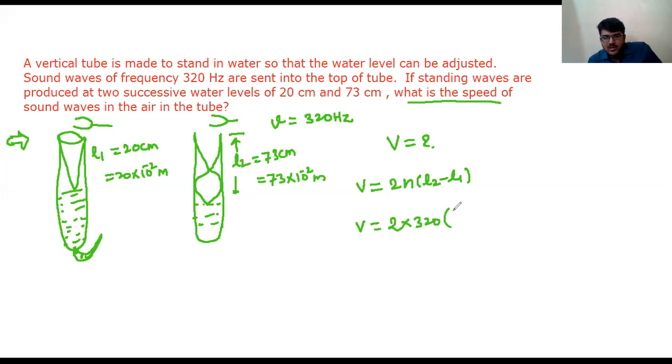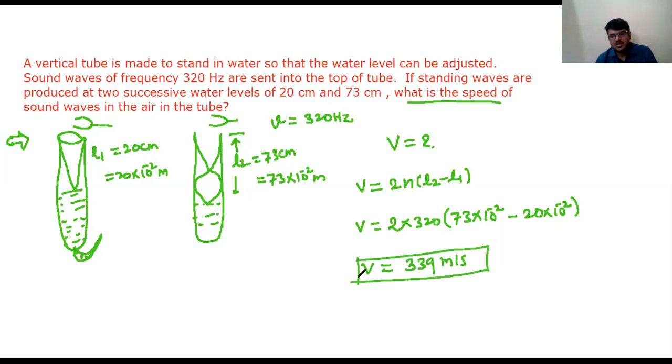So this is 73 into 10 to the power of minus 2 minus 20 into 10 to the power of minus 2. So solve this now. How much you are getting? If you will solve this, you will get nearly 340 or 339 meter per second. This is the velocity of sound.